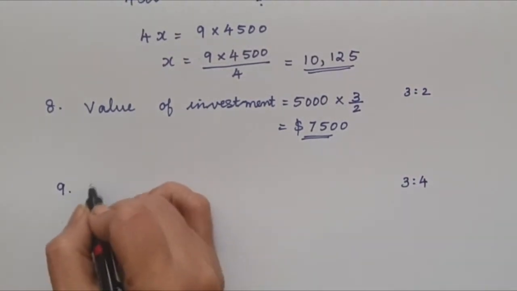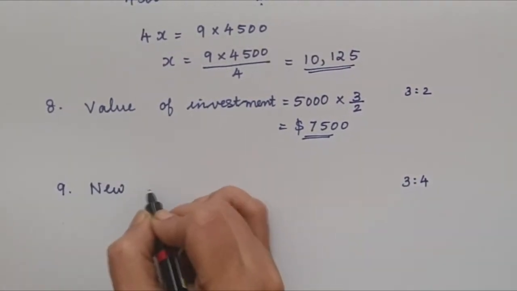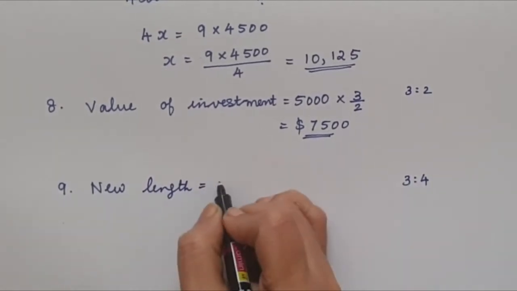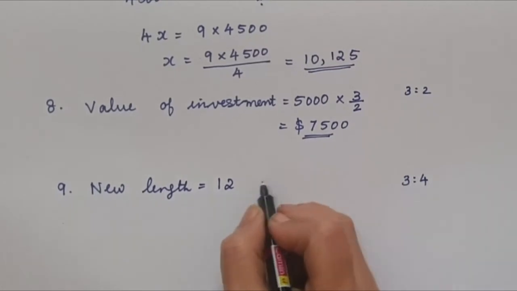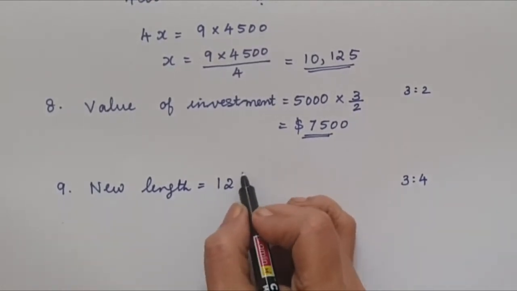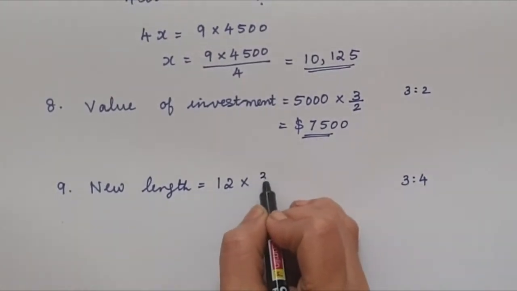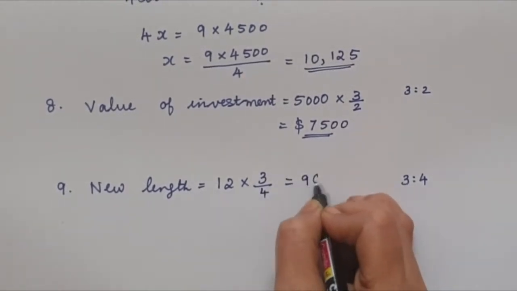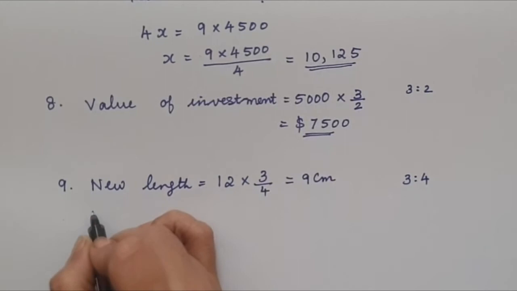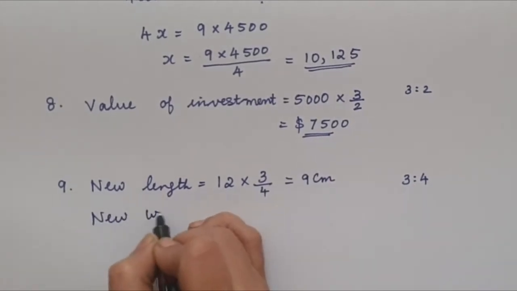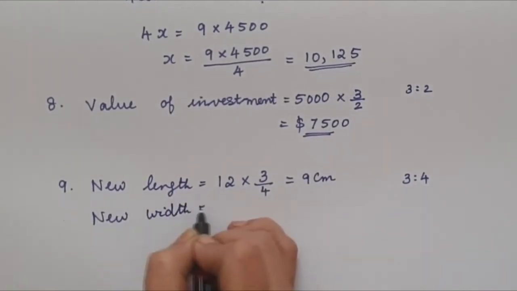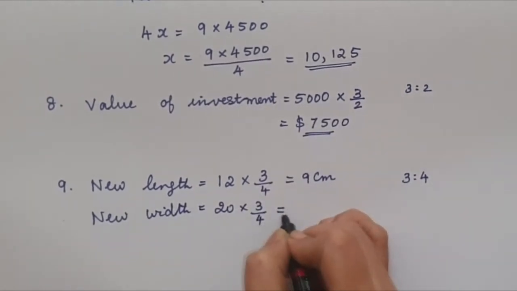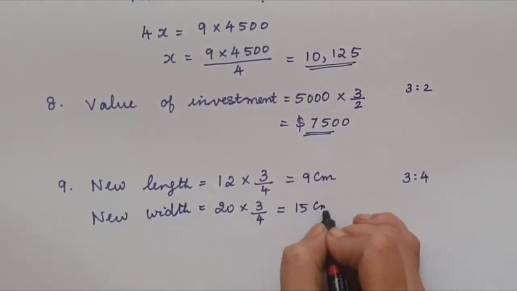Now, the new length is 12, and it has to be decreased by 3/4, so we multiply by the ratio 3/4. So we get 9 centimeters. The new width is 20 multiplied by 3/4. This will give us 15 centimeters.